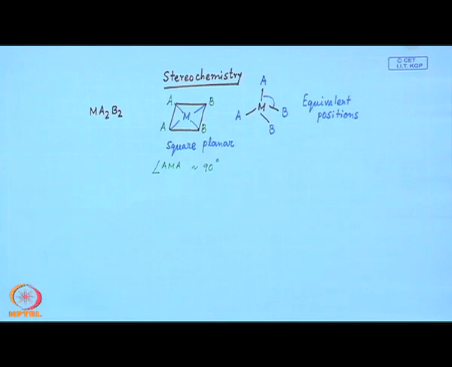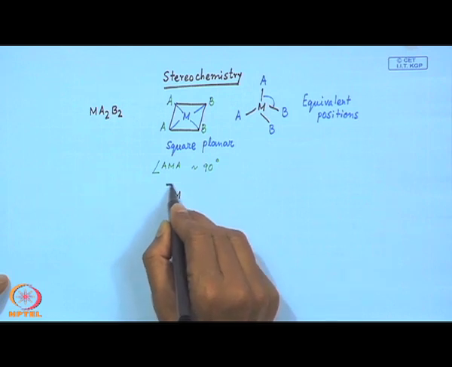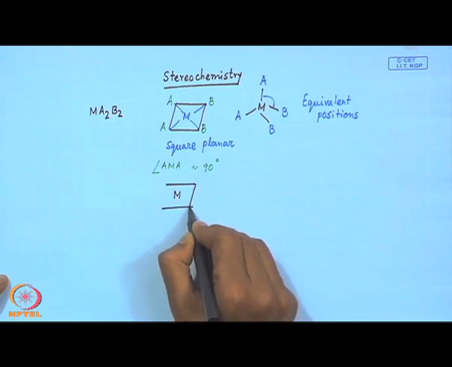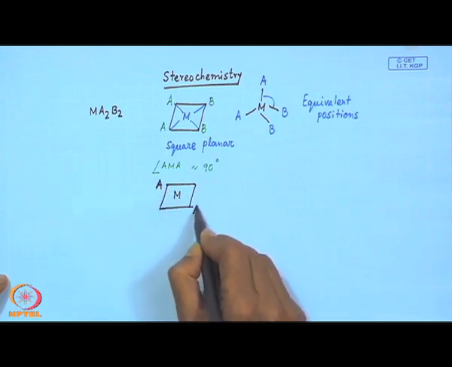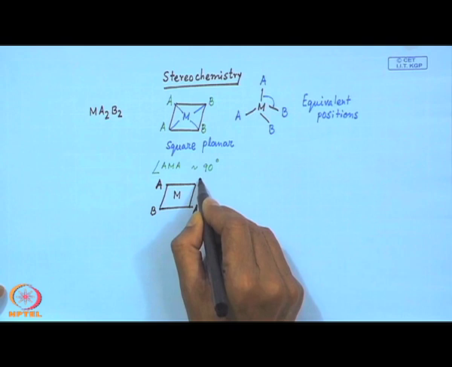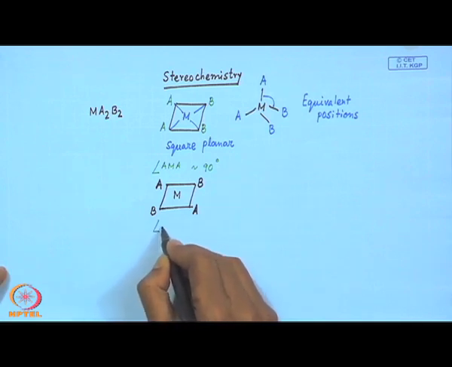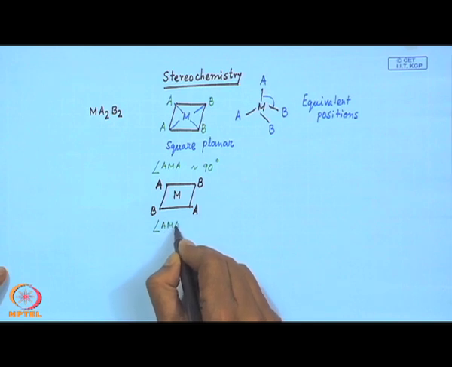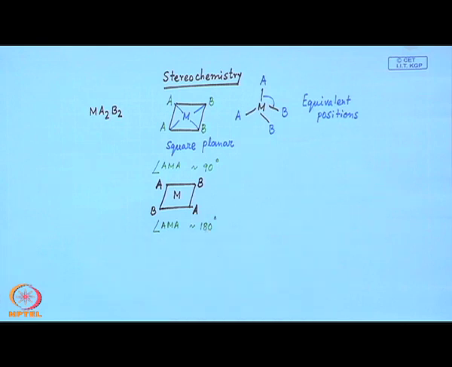We will have one particular isomeric arrangement, and definitely we can have another type of arrangement where M is there and we interchange the positions of these A and B. Now, if we put two A groups diagonally opposite and two B groups also diagonally opposite, in that case we get a corresponding AMA angle, which is the characterizing value for these two groups, close to 180 degrees.